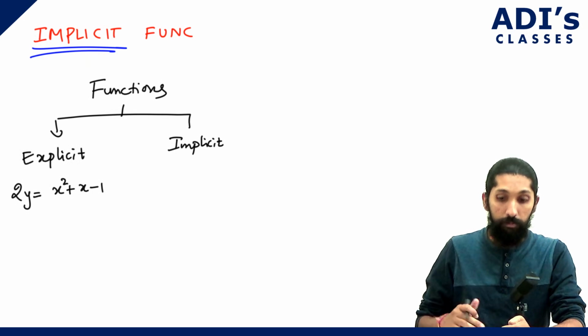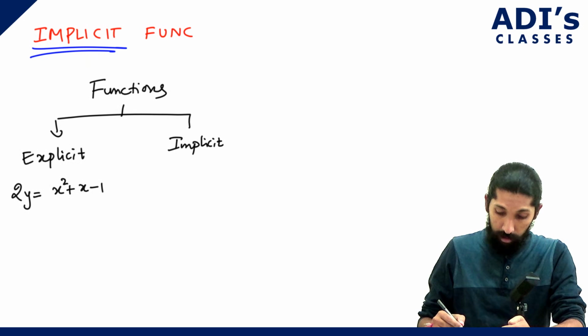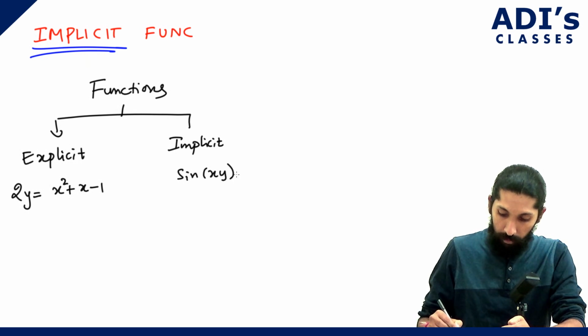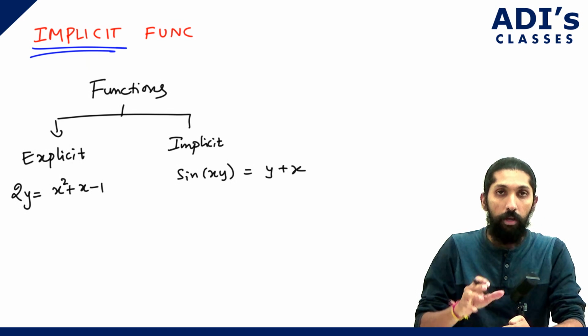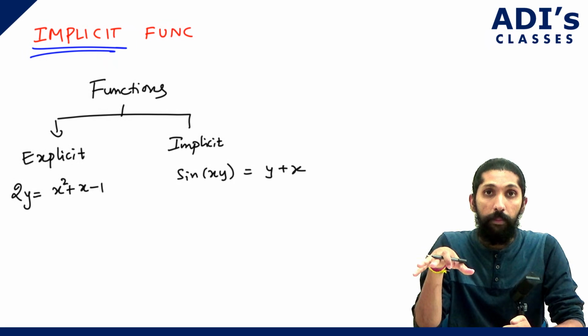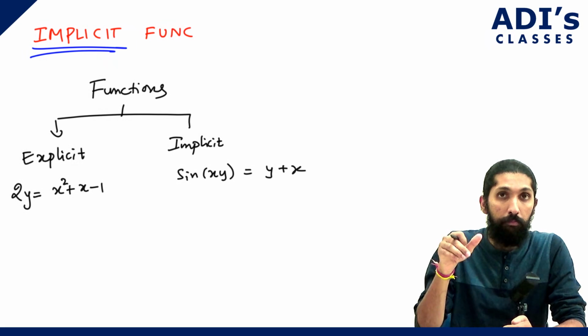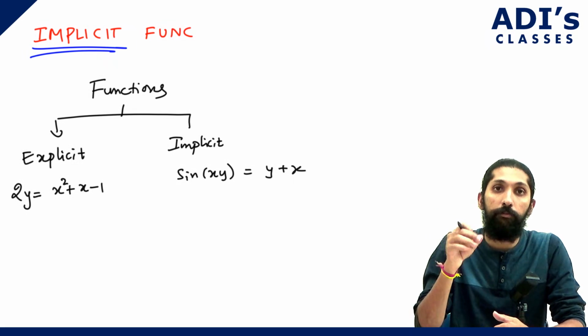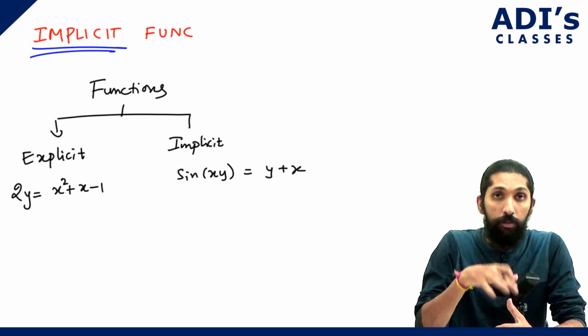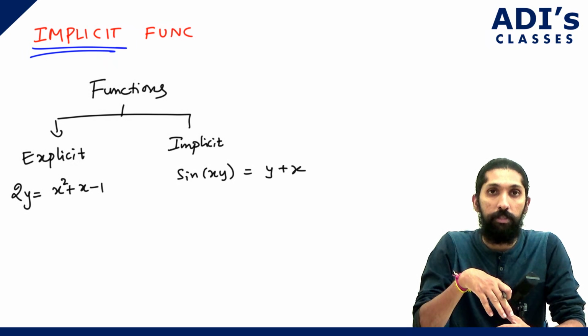Now you can write an implicit function something like this: sine of xy is equal to y plus x. See that sine of xy. Now both x and y, both of them, they are part of the same function, correct? So these are implicit functions.